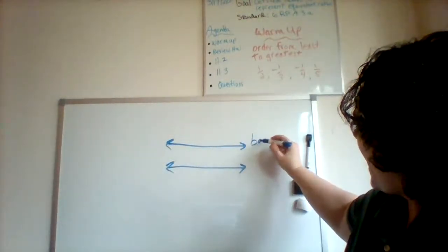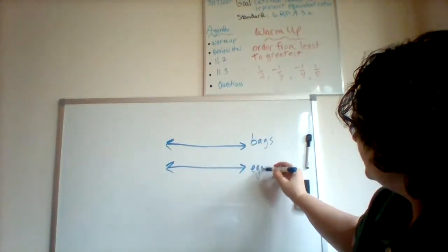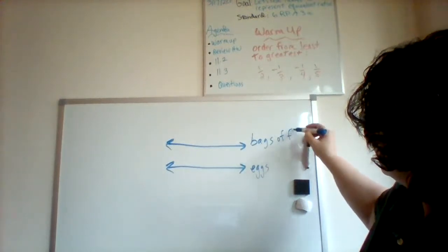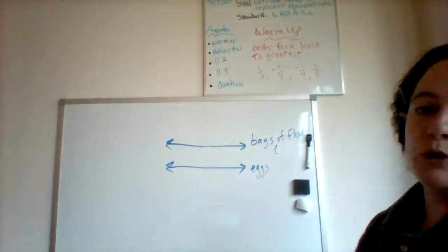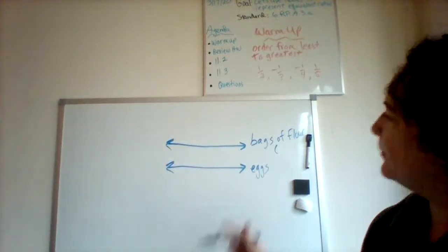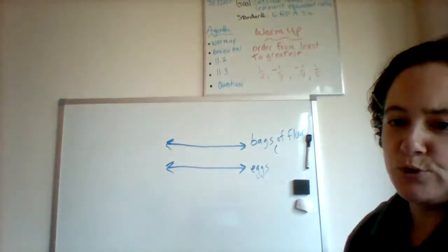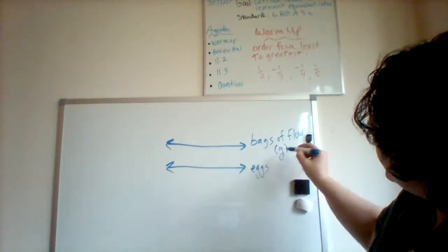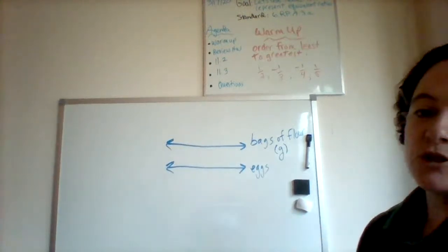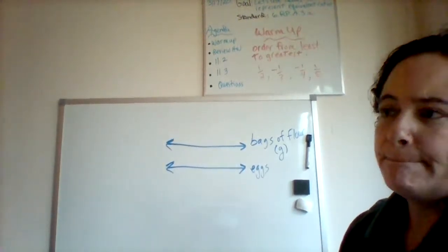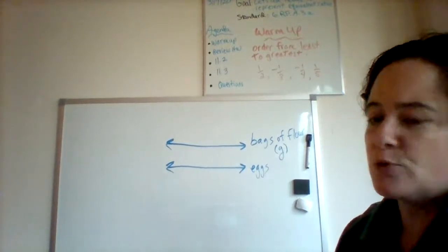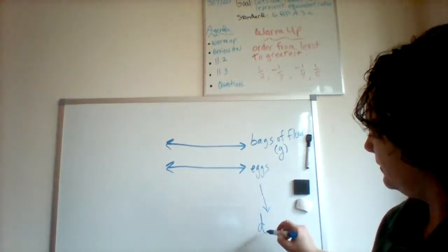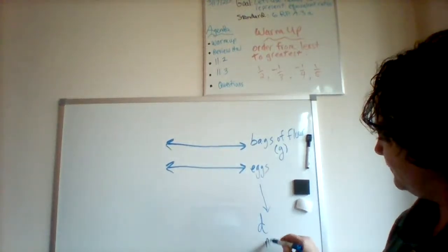All right, if we did bags and eggs, now this is bags of flour, right? And this is, what are the units for the flour? You can see I don't make straight lines either, Jesus, it's okay. This is grams. And eggs is something we count. Do you guys remember the word for that? Like what kind of quantity that is? Begins with a D. Eggs is what? We call it what kind of number?